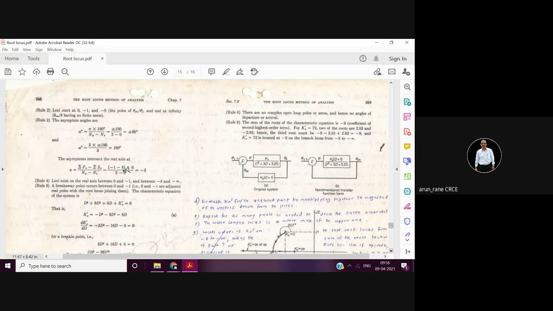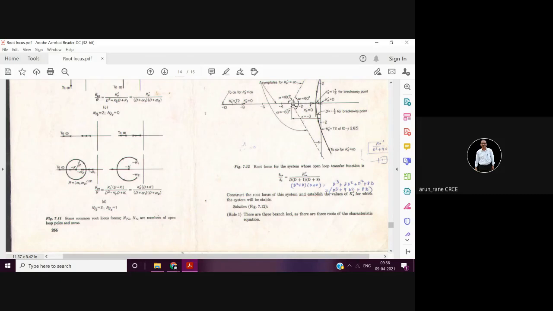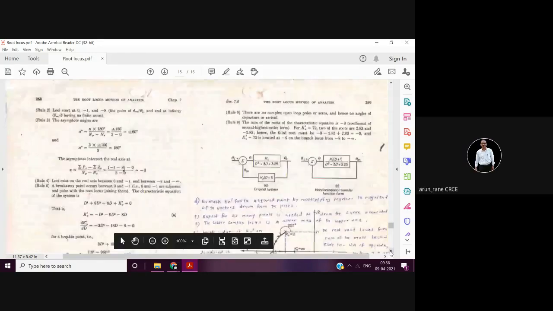So -9 upon 3, that is -3. You got this? The asymptotes will intersect at -3. That's why I was looking for -2.33, so I was surprised. See, the asymptotes are starting at -3. This point is -3. Can you see this? It is not -2.33, it is -3.